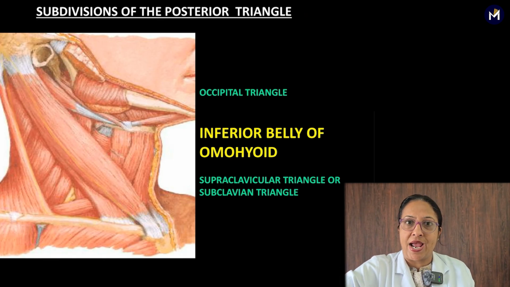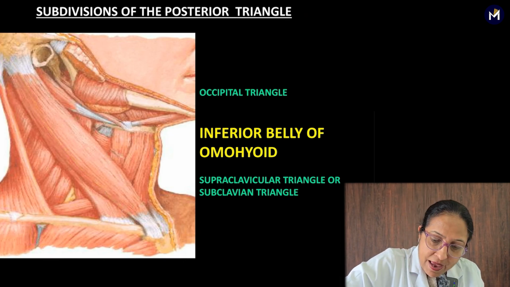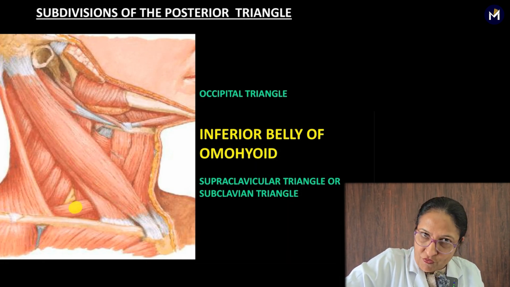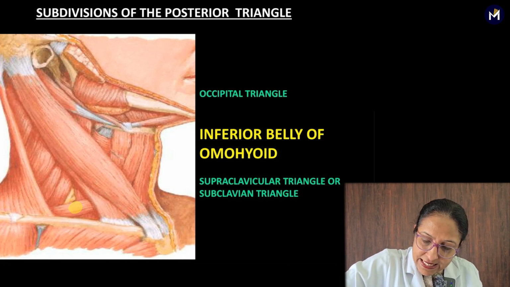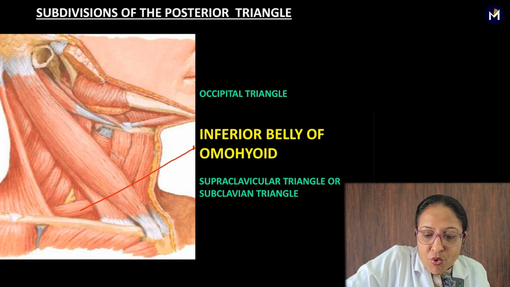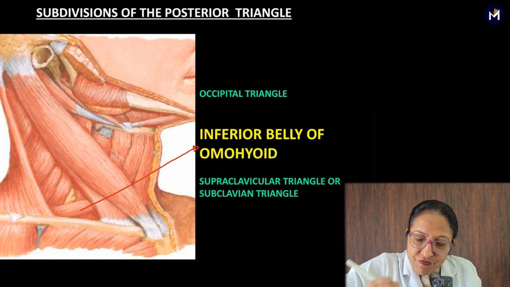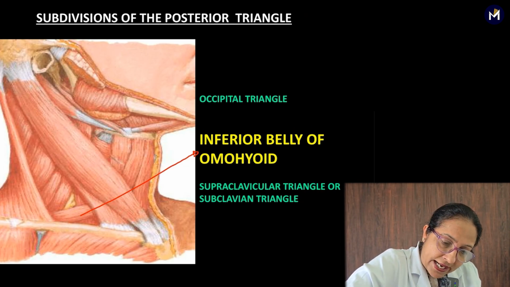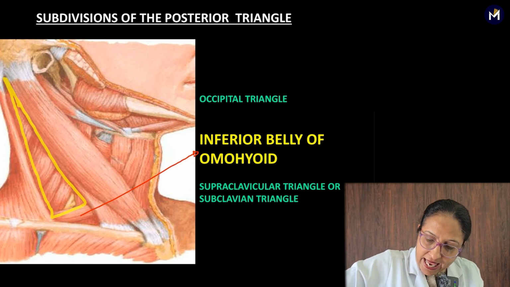This posterior triangle is divided by a key muscle over here. This muscle is inferior belly of omohyoid. This inferior belly of omohyoid divides the posterior triangle into the occipital triangle above.